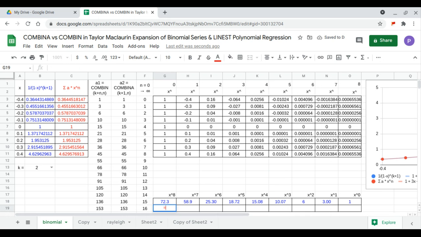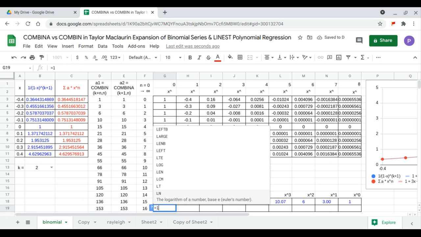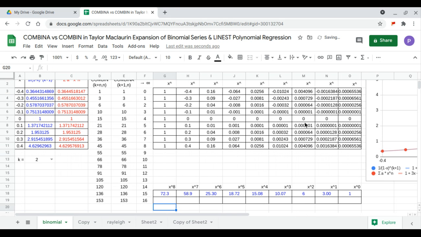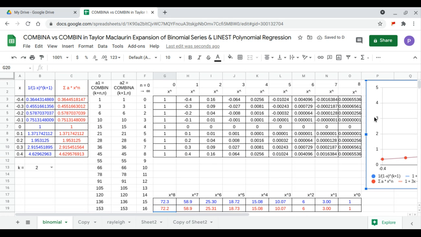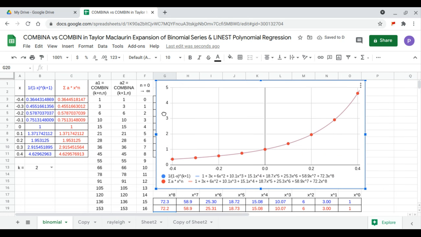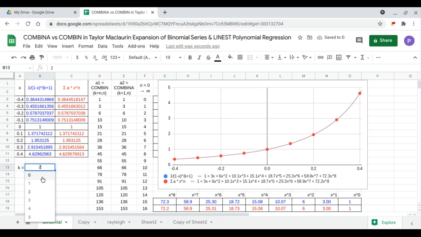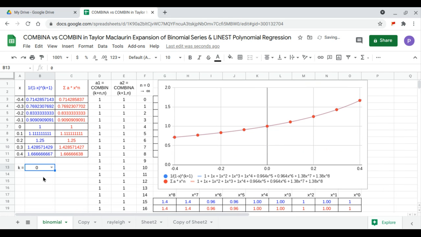Likewise, we do the same thing for the expansion, LINEST data y, and data x. Enter. So let's compare from 0. So they're all the same.